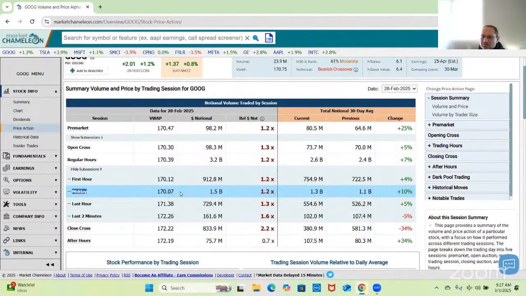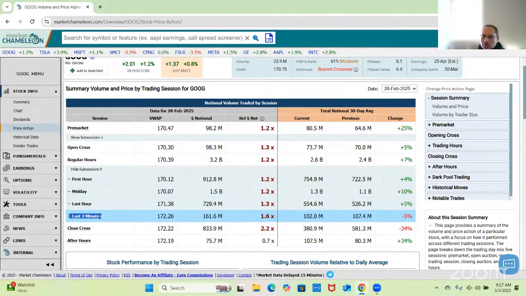The last 2 minutes we track, and this is also important because what you will usually see in the last 2 minutes of trading is a lot of rebalancing and rehedging. For example, take an option strategy or option portfolio.